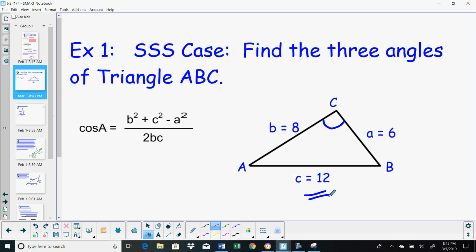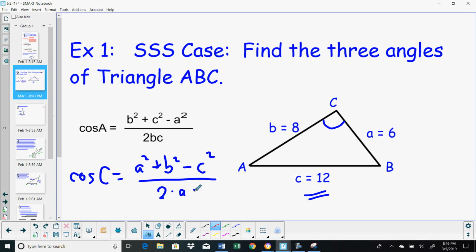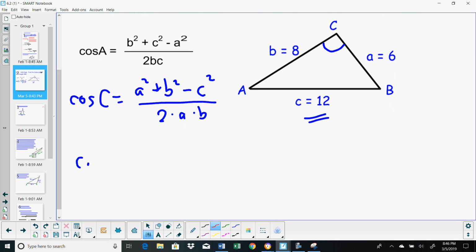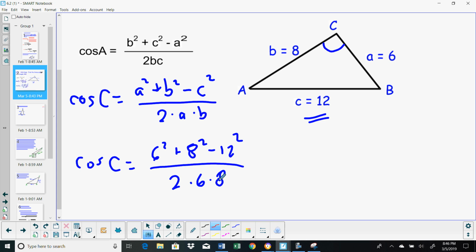So instead of using the formula for cosine A, we want to find cosine of angle C, which is equal to a squared plus b squared minus c squared, all over 2 times a times b. So the cosine of angle C is going to be 6 squared plus 8 squared minus 12 squared over 2 times 6 times 8. And that's going to give us the cosine of angle C.